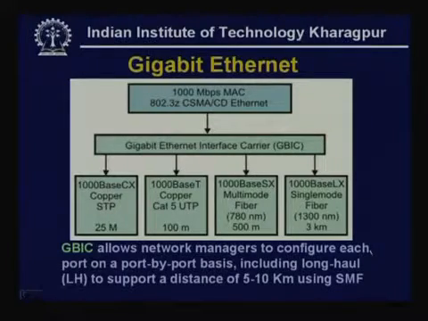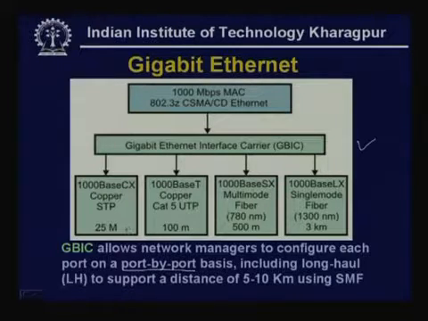Now, to provide more flexibility, one important functionality known as gigabit interface converter, GBIC, has been introduced by the developers of Gigabit Ethernet, and this GBIC allows network managers to configure each port on a port by port basis.